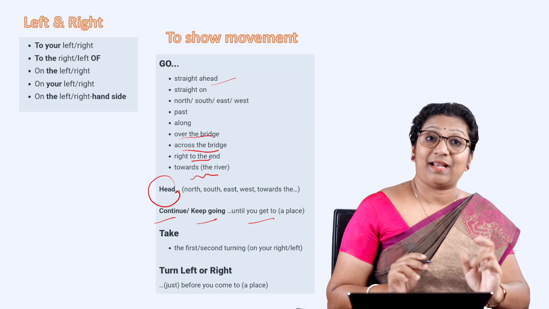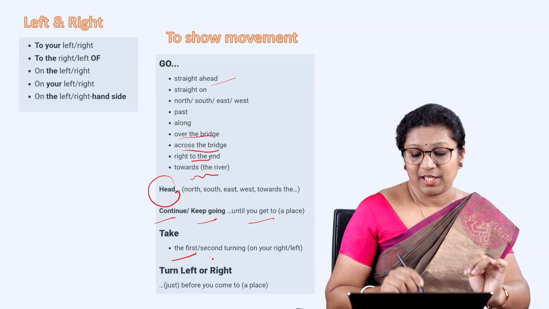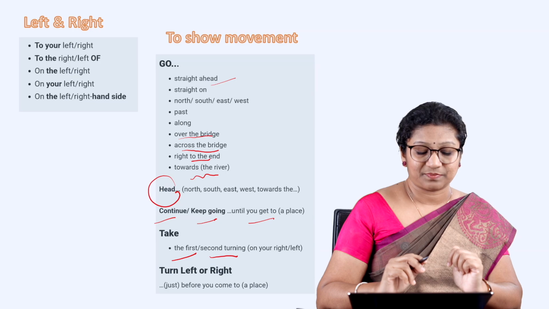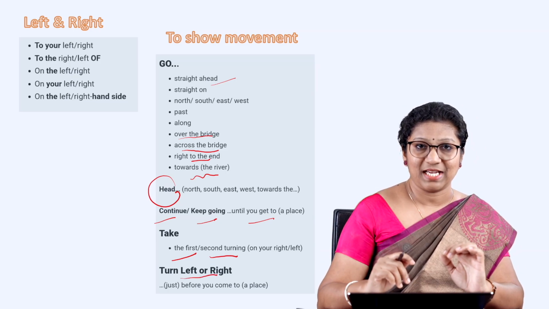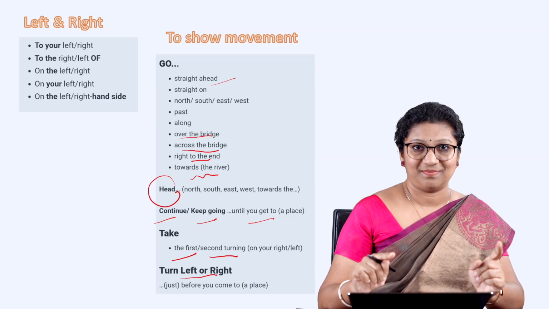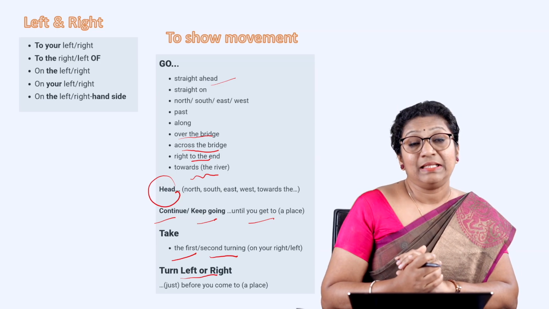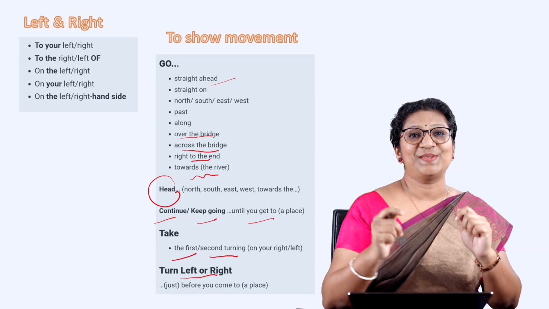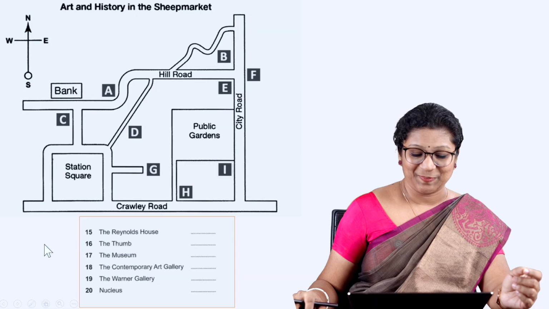Or it might say take, for instance, take the first left, take the second turning on your right, take the third footpath, turn left or right just before a place, right? Turn right before the library. Clear? So these are some of the words that you will listen to when solving a map. So let's try using these words and see how we can solve a map, shall we?